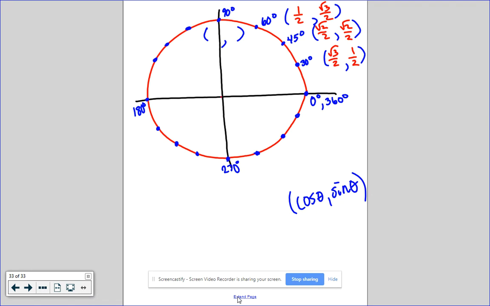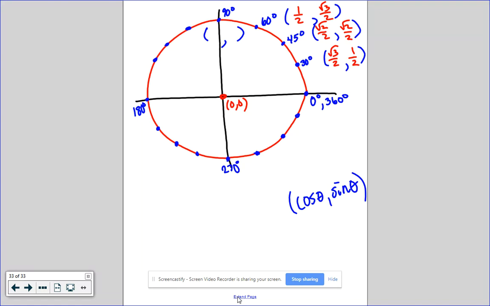And again, this is all from the center, which is 0, 0. If I was drawing lines and creating triangles, that's telling me the distance of x and y at that angle from the edge of the circle to the center. That's what that's finding with the unit circle.